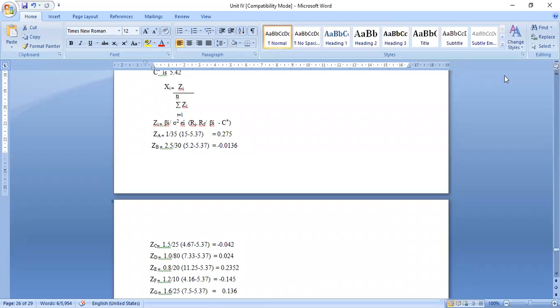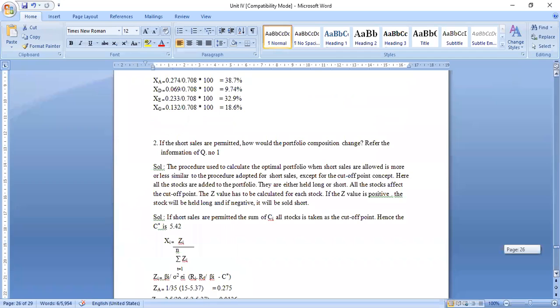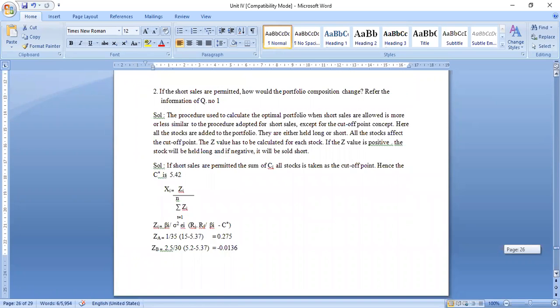The conclusion will be drawn, all the values which have got positive will be held long, and all the values which are falling negative will be sold short. So that is the conclusion that we are going to derive in case of problems when you're having Sharpe's optimal portfolio without short sales. I'm sorry, with short sales.